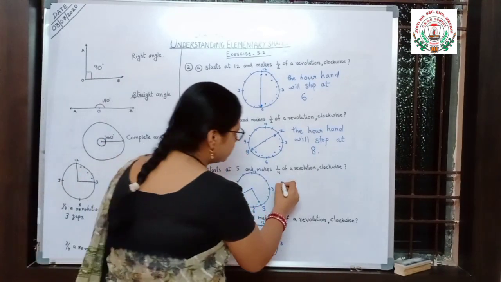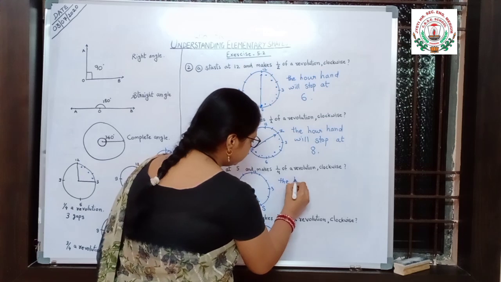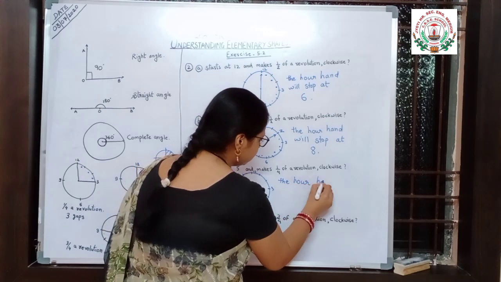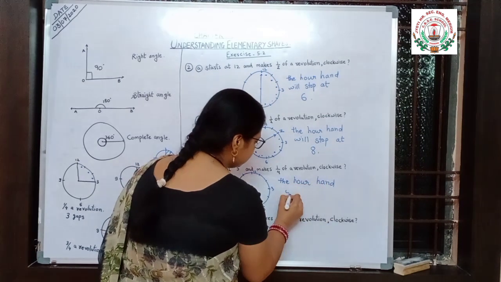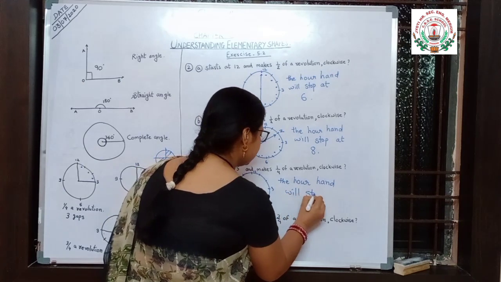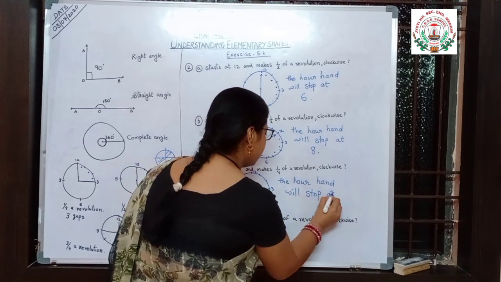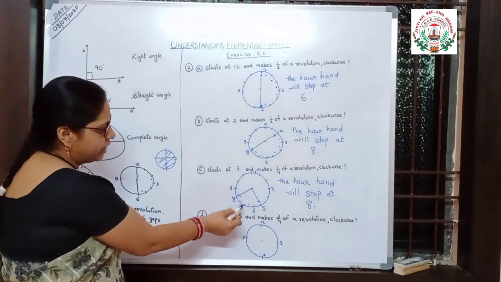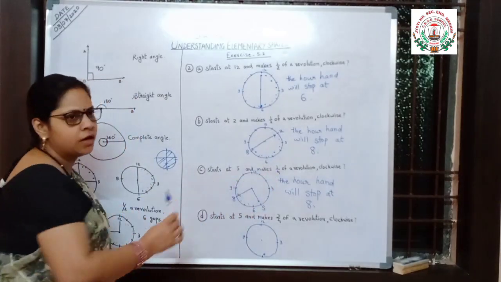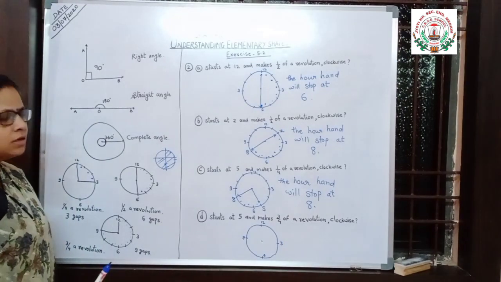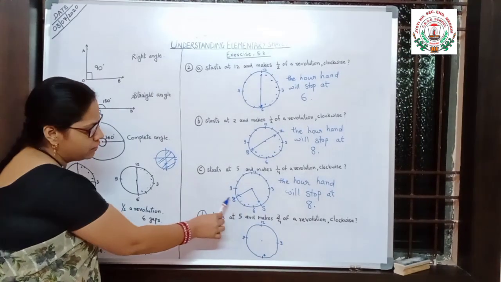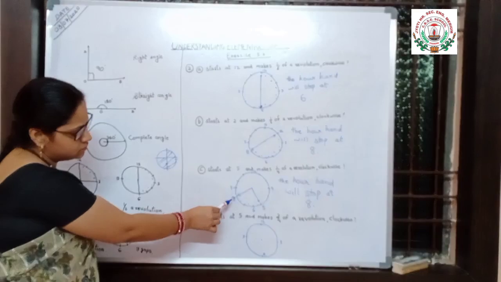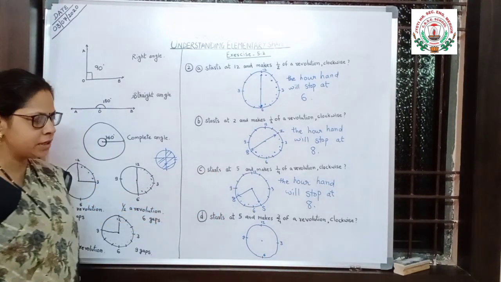So the hour hand will stop at 8. Because it has started at 5 and makes 1/4 of a revolution, and 1/4 of the revolution covers 3 gaps. So counting 3 gaps, it stops at 8. So we have written that.